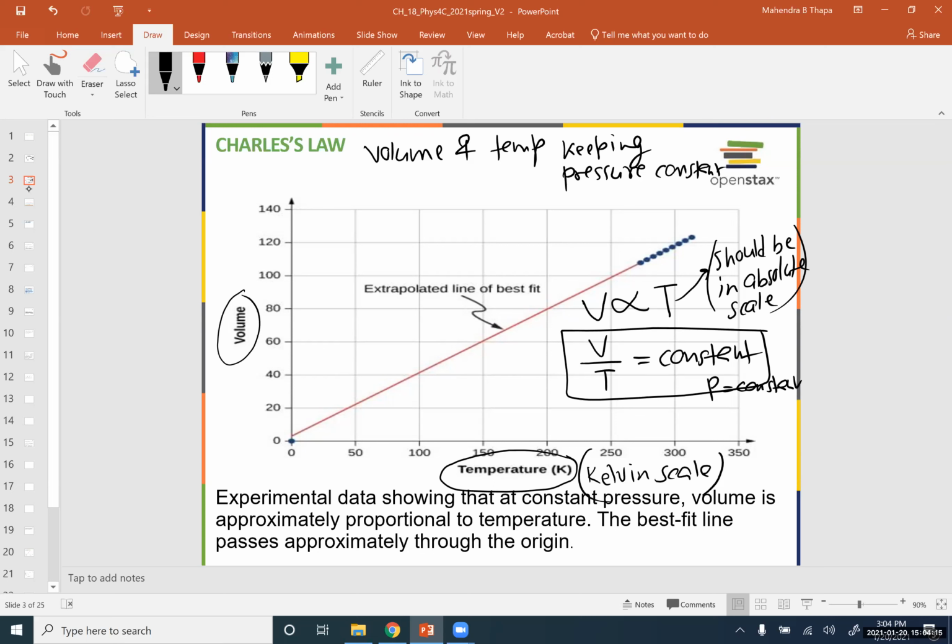So V1 over T1 will be equal to V2 over T2, and V3 over T3, and it keeps going like this. So these are Boyle's law and Charles's law.